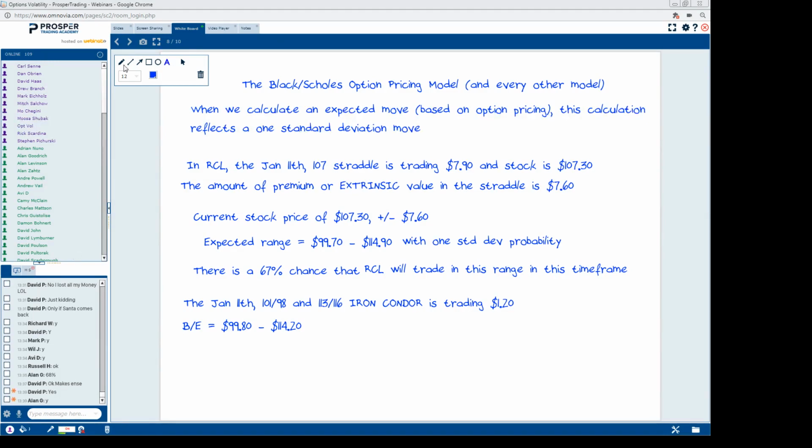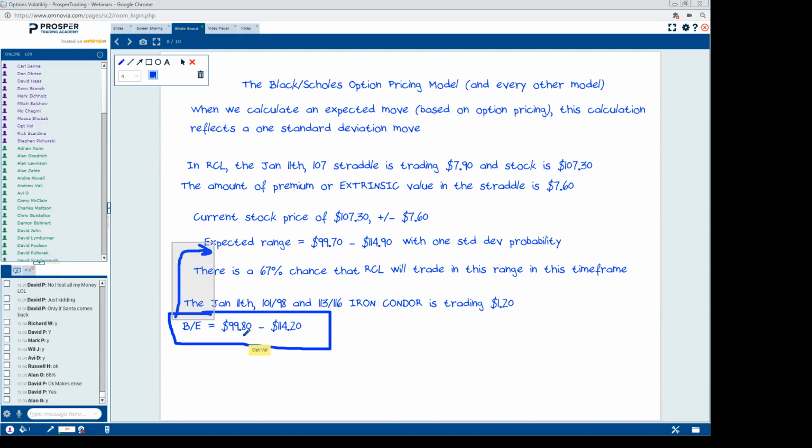Okay, if we compare this break even to what we calculated as the expected range based on current market conditions, we can see that we're pretty spot on to the downside.